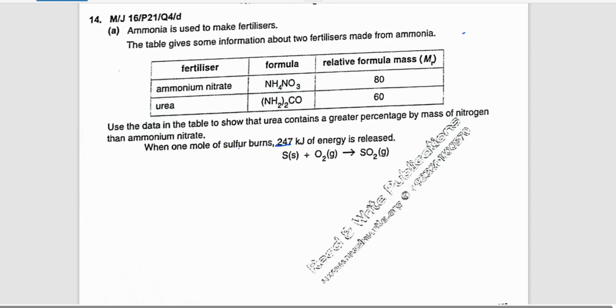Ammonia is used as fertilizer. The table gives some information about the two fertilizers made from the ammonia. These are two fertilizers which are made from the ammonia. Okay, so use the data in the table to show that urea contains a greater percentage by mass of nitrogen than the ammonium nitrate.